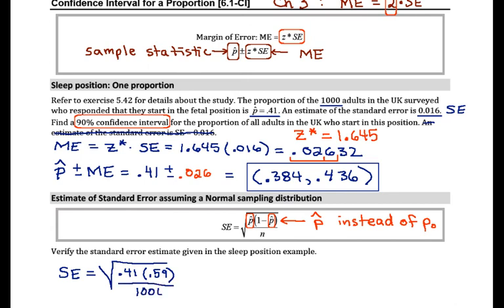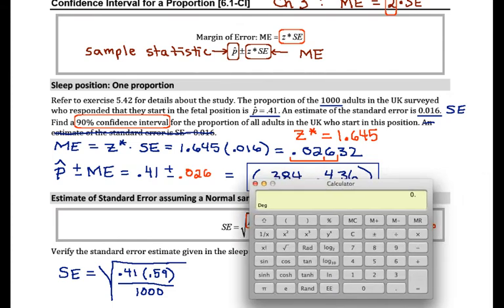And I want to make sure the whole thing is clearly in the square root, not just the numerator. So in my calculator, the expression I'm going to enter is 0.41 times 0.59, then divide by 1,000, then hit the square root, because this particular calculator just takes the square root of whatever is on the screen.